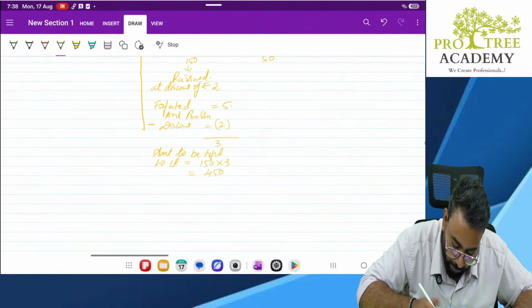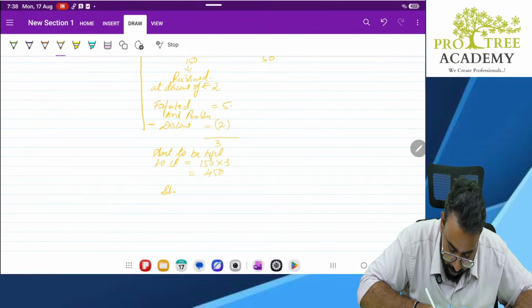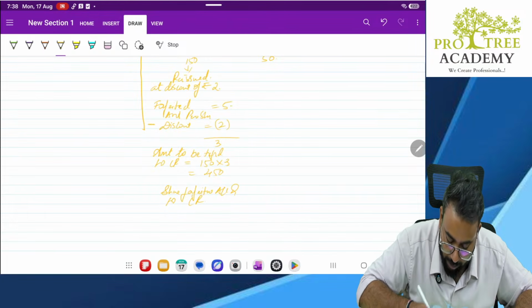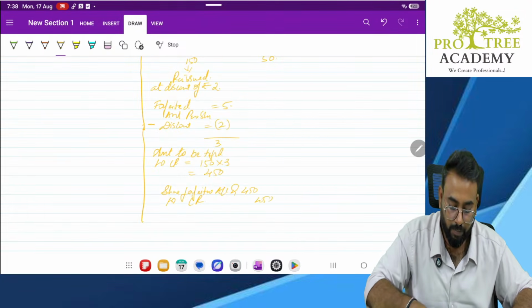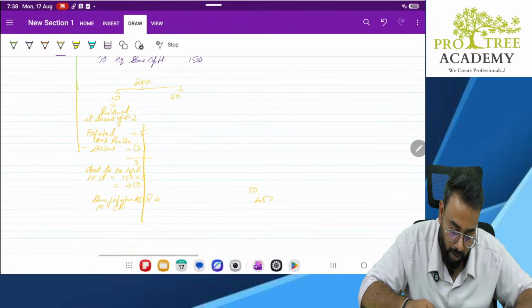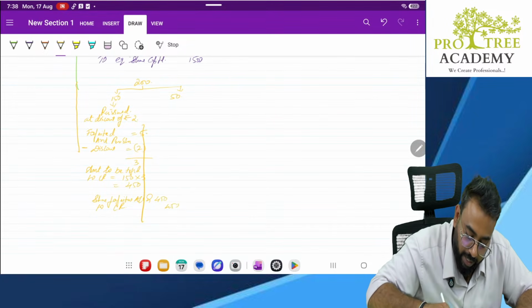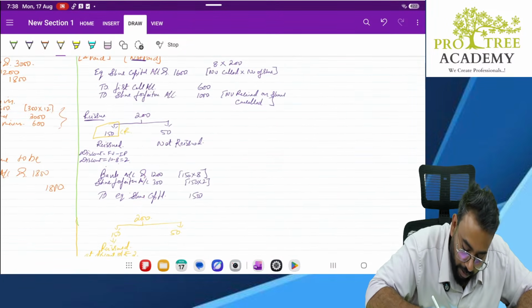So what is the entry? Share forfeited account debit to capital reserve 450, 450. Clear? 450 and 450. The balance will remain in the forfeiture account. How much was credited earlier?